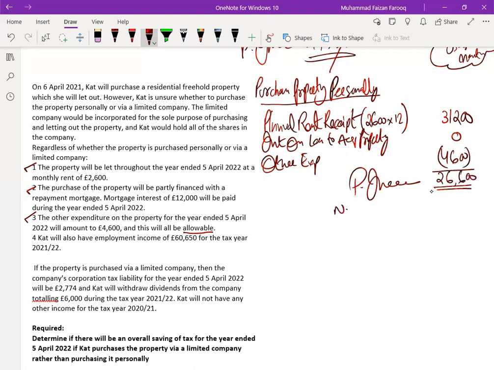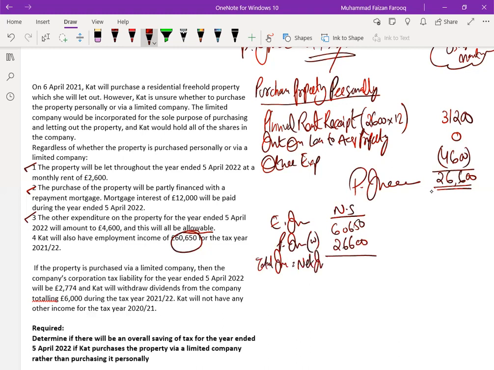Non-savings employment income is given here. Property income you already calculated, 26,600, so the total income is 87,250. It is less than 100,000 pounds, so the personal allowance will be 12,570.